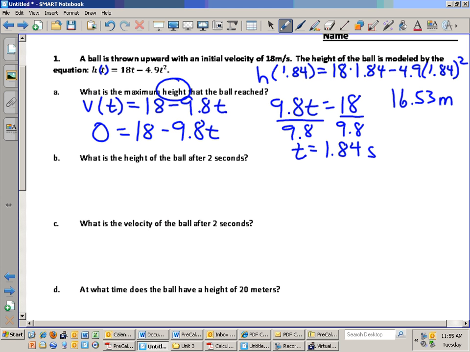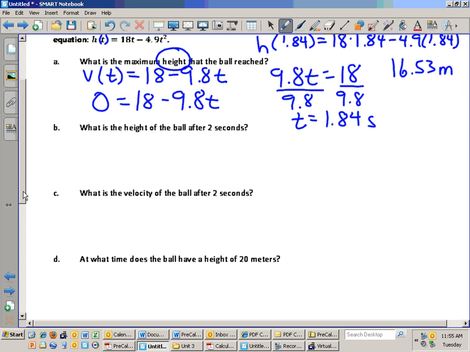Everybody clear on that? That is a foundational thing that we will continually move towards in calculus, and the fact that you guys got that is excellent. Now the question is, what is the height of the ball after 2 seconds? Which one do I use? The first one.